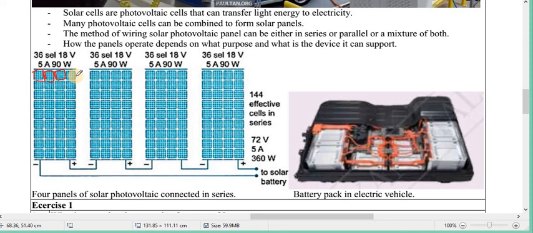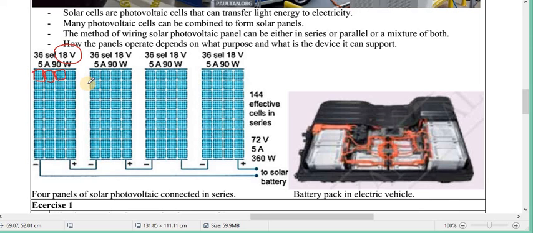So every single solar cell is connected in series so that we can increase the voltage. Actually every single solar cell is very small, and the amount of voltage that it can produce is very small.